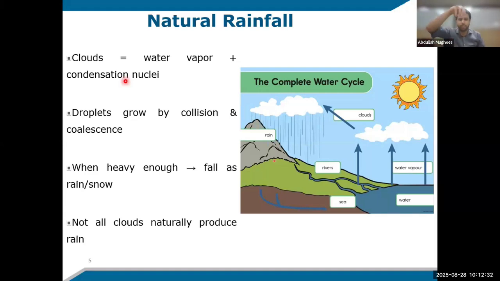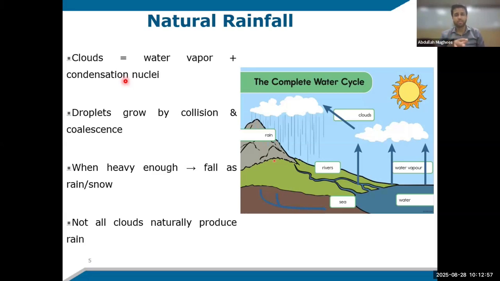So when we spray silver iodide on the clouds, those tiny particles of silver iodide act as condensation nuclei and they attract the water around them, and all of them joined together make a huge water droplet that under the influence of gravity falls to the ground along with that chemical.